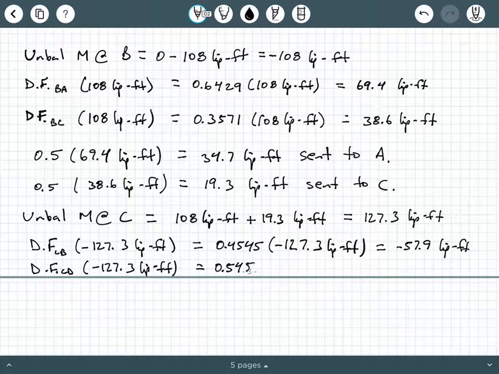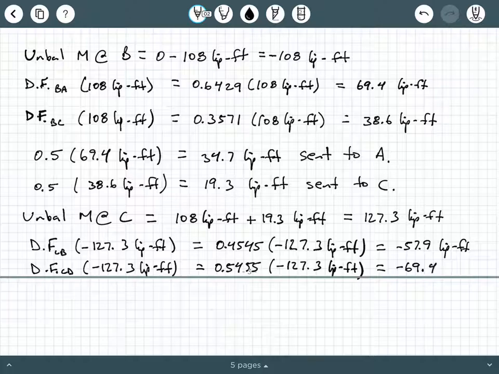And this distribution factor was 0.5455 times negative 127.3 kip feet. So when this one gets punched through, I get negative 69.4 kip feet.